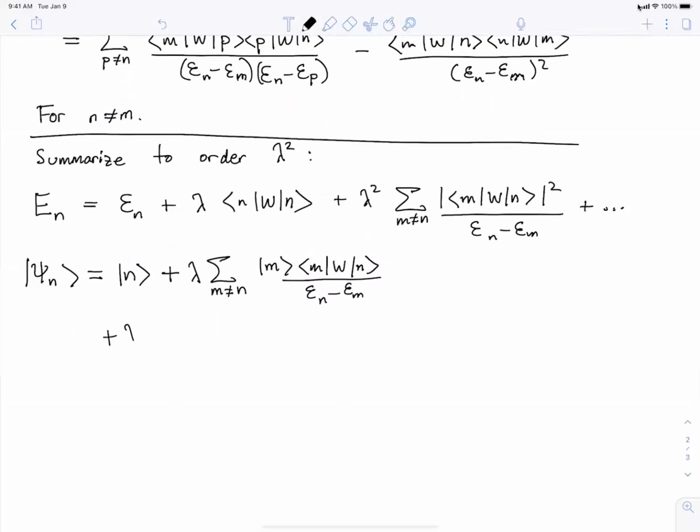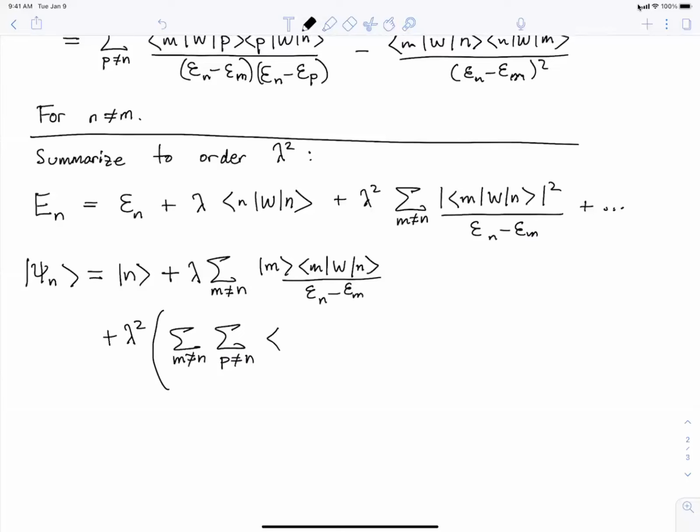Plus lambda squared, and now we have a double sum: first m not equal to n, and then p not equal to n. When I write that, of course, I mean summing over all values except p equal to n, whatever those values may be. It might be a problem where I have an infinite number of those different values, or a finite number because my state space is finite. Many times, even though it's an infinite sum, it turns out that only one or two terms contribute. We'll see an example of that before the end of today.